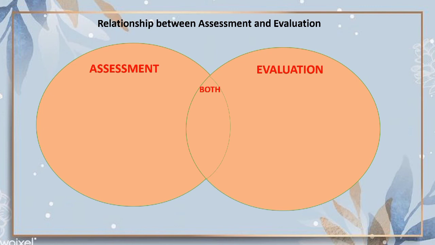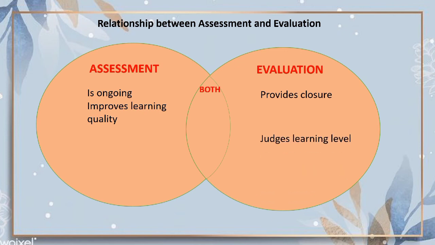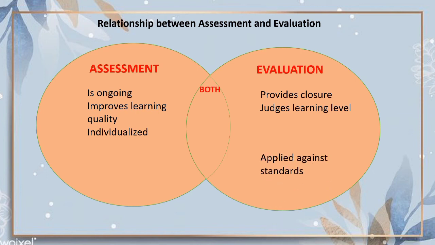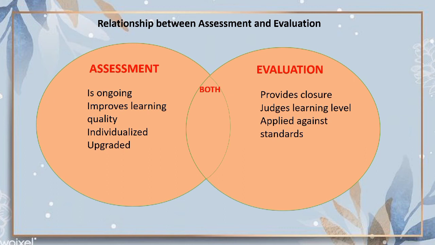This Venn diagram shows the relationship between assessment and evaluation. Assessment is ongoing, while evaluation provides closure. Assessment improves learning quality, while evaluation judges learning level. Assessment is individualized, while evaluation is applied against a standard. Assessment is upgraded, while evaluation is graded.